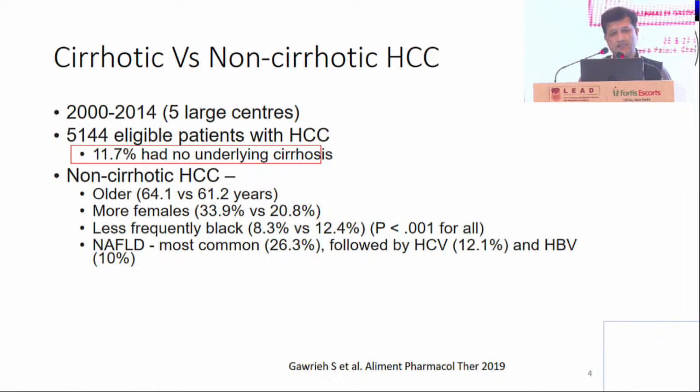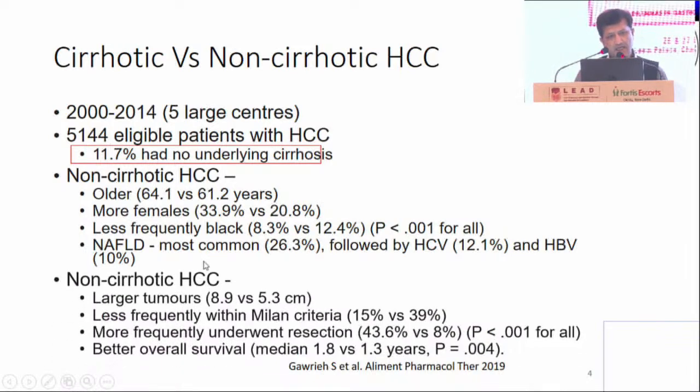When they looked at the characteristics of these patients, they were older, more commonly female, less frequently black, and NAFLD was the most common etiology, around 27%, followed by viral. We don't really see Hep C in the setting without cirrhosis, but this study found that, followed by Hep B. In addition, most of these patients are not on a regular surveillance program.